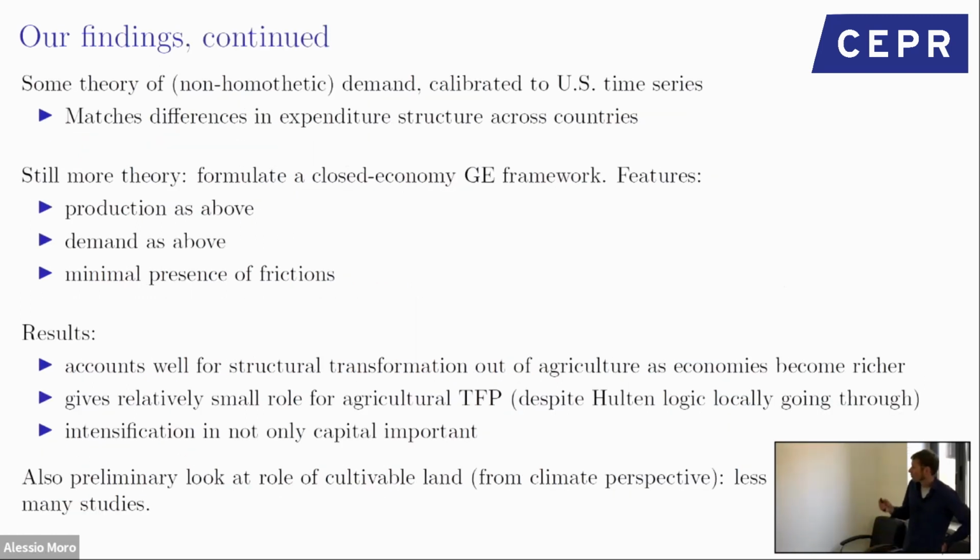Okay. Good. And then when we entertain those counterfactuals, we can just check what happens. Suppose you now take a poor place and increase TFP in agriculture of this poor place to the TFP level that we see in the US. How much does GDP per capita at the aggregate level increase for this country? The takeaway message here is that yes, from a Hulten's logic, locally, they employ a lot of people there. There's a big sector in the poorest places. So if you boost TFP there, you get initially a sizable increase in aggregate TFP and aggregate GDP.